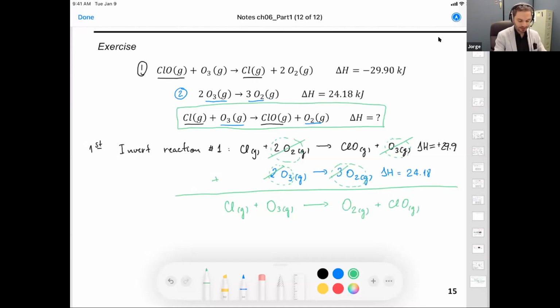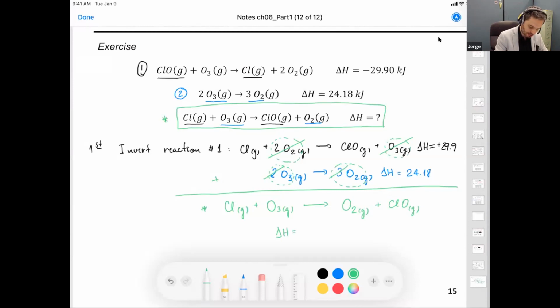So that means the sum of the inverted reaction 1 plus reaction 2 gave exactly what we needed for our problem reaction. So always make sure the stoichiometric coefficients are matching, as well as the physical states. Now, what about delta H?